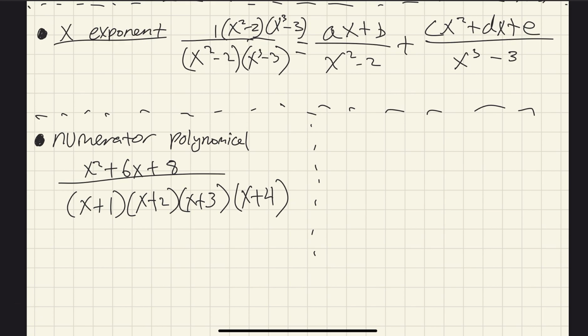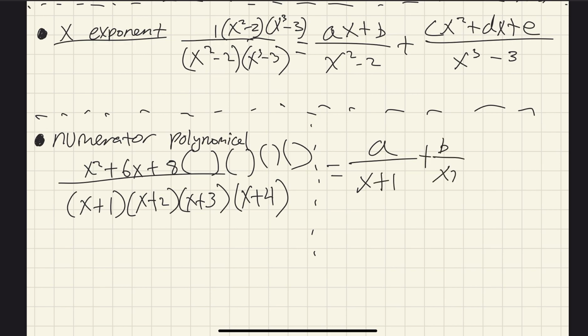And then finally, they might have a polynomial in the numerator. So you could solve this out the same as before. You could multiply the numerator by all of these terms. You could have a over x plus 1 plus b over x plus 2 plus c over x plus 3 plus d over x plus 4.